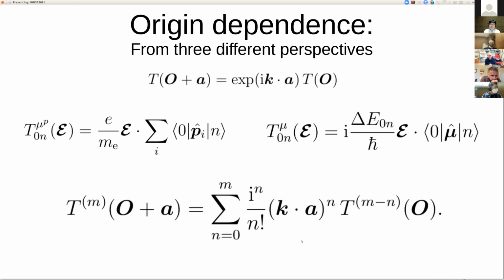So now let's discuss the origin dependence a bit, and I will do it from 3 different perspectives. One way is to look at the transition moment as it's defined and see that for the total transition dipole moment, if I move the origin, I'm getting a complex factor, which is the k vector times the displacement vector.